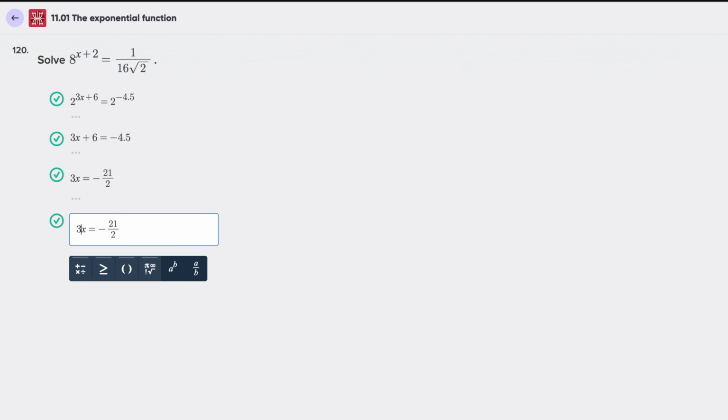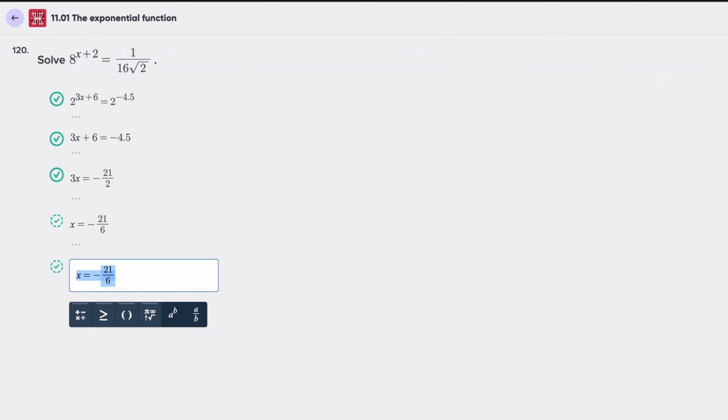If we had to do that without a calculator, I would just do this. Can that be simplified? Yes, it can. Negative 21 over 6 would simplify, with common denominator 3, to negative 7 over 2.